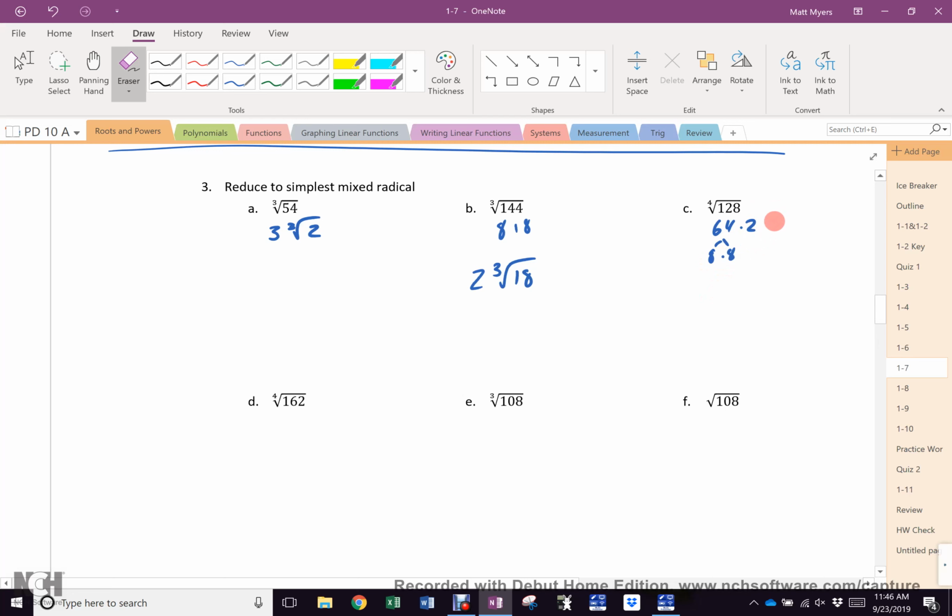But if you were to use 16 times 8, then you would be good, because this breaks down into 2 to the 4th and 2 to the 3rd, which you could then see was 2 to the 7th. You would take out 4 of them, 2, and you would be left with 8.